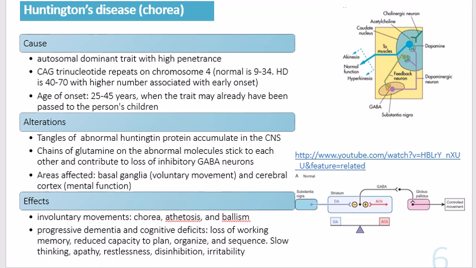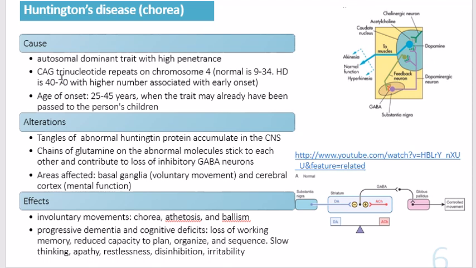With Huntington's, the problem is on chromosome 4, where there is a higher than normal CAG trinucleotide repeat. So normal is anywhere from 9 to 34 repeats of the CAG trinucleotide. But in Huntington's disease, we have anywhere from 40 to 70 of these repeats.